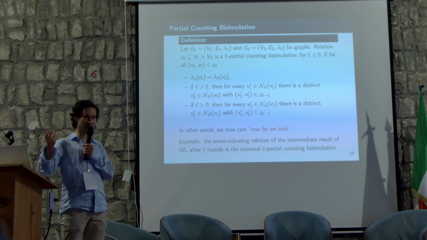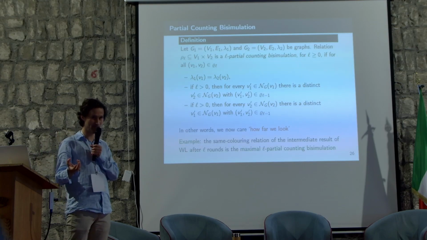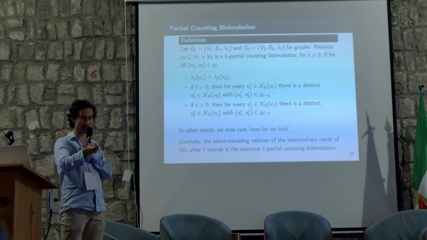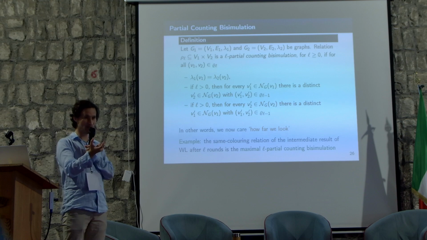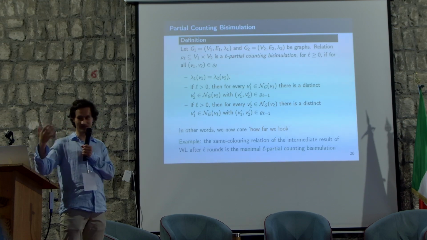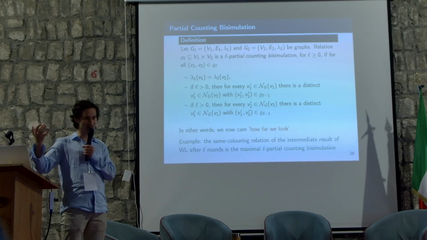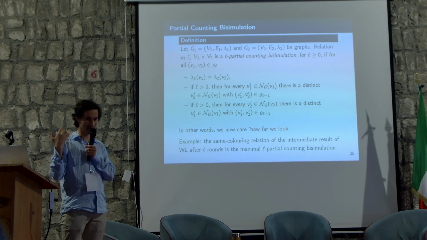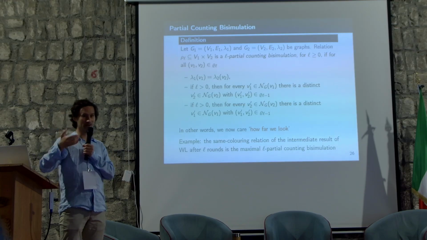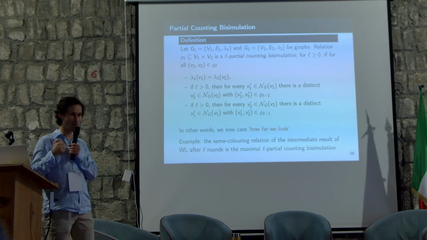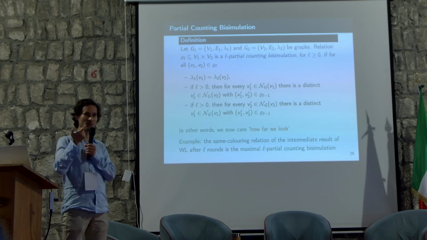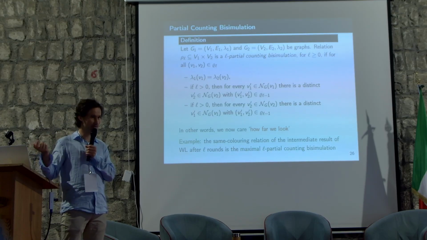I don't care about my neighbors. Then one partial counting bisimulation says two nodes have the same labels, but also the same number of counting equivalent neighbors, now with zero. So we look at depth 1. For depth 2, we have the same number of partial counting bisimilar neighbors with depth 1, and so on.